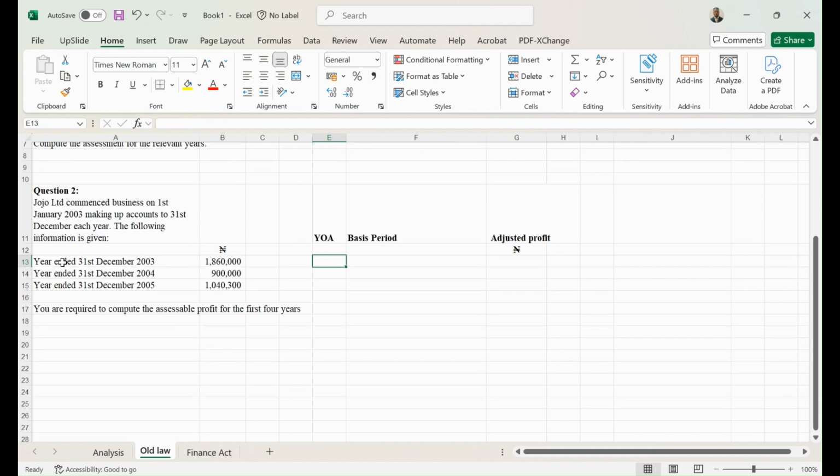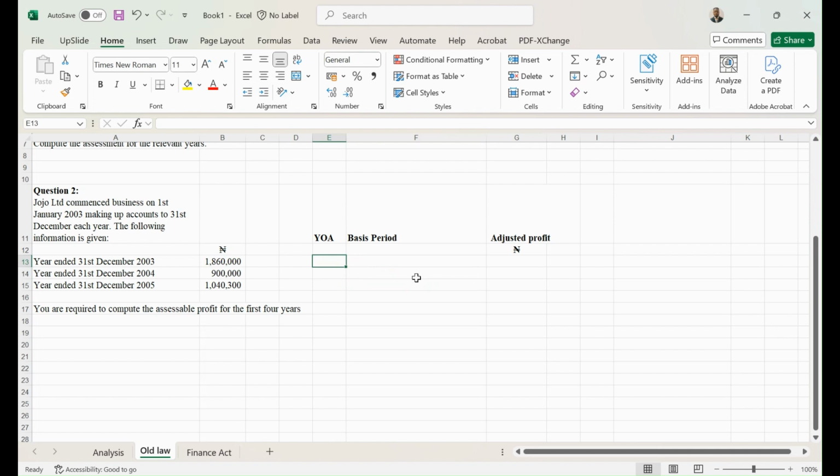The following information is given: year ended 31st December 2003, 2004, 2005, and the adjusted profits have been given for each year. Required: compute the assessable profit for the first 4 years. Let's see if this is possible.